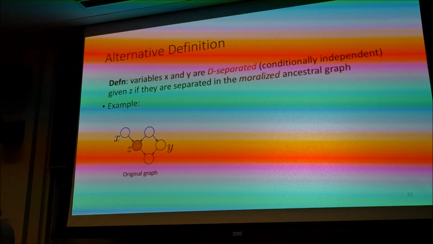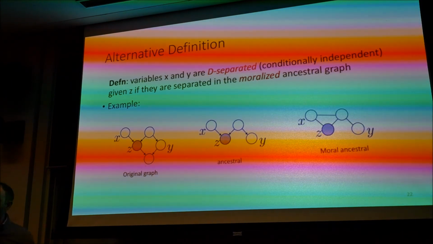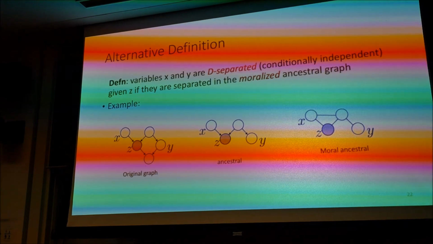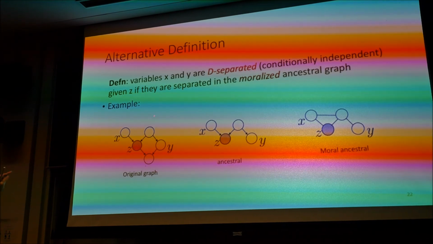If you're a religious fanatic, you say, that's not acceptable, I'm going to connect them. I'm going to marry them. That's called moralization. It's more moral than this one. They have kids, so they should be married. That's called a moralized graph. A moralized graph is an undirected graph in which all the parents in V structures that are not connected to each other are connected.